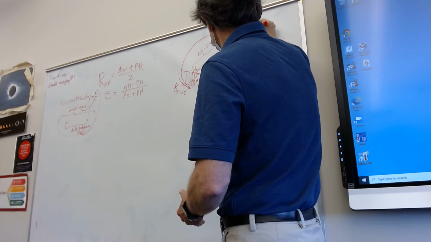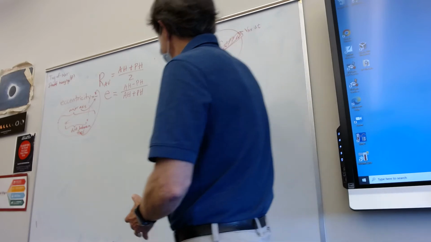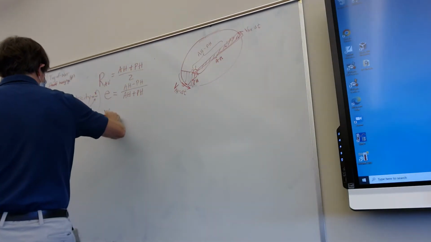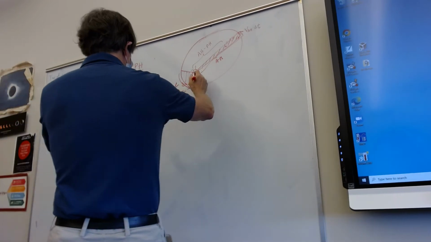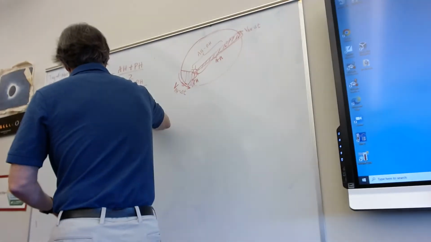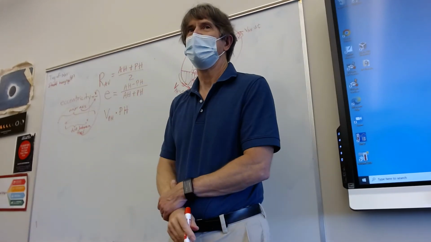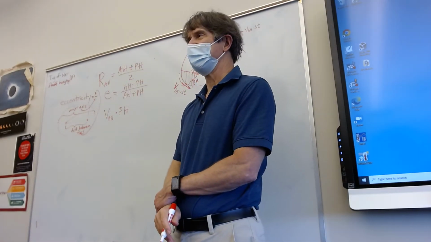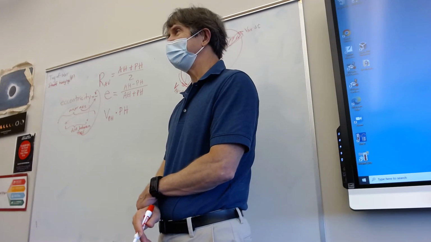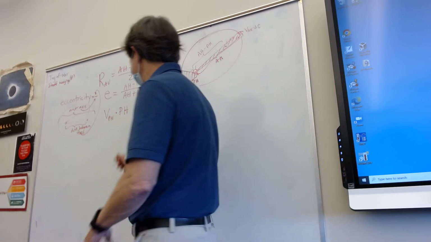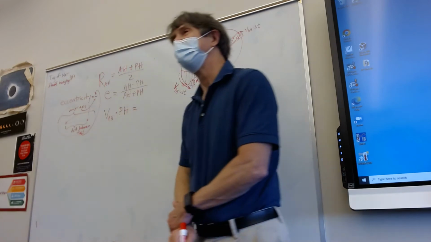What I'm trying to say is, this thing I'm about to write, v perihelion times the perihelion, the speed it's going when it's close times how close it is, is like an area. Don't fret too much about the fact it's not really an area because there's not a time in it. But it's kind of an area-ish thing. And guess what it equals? I bet you can tell me.